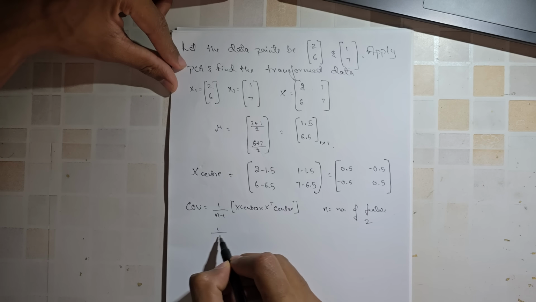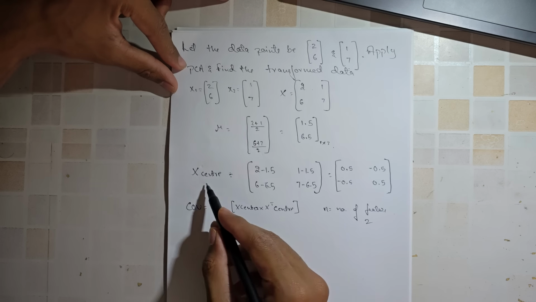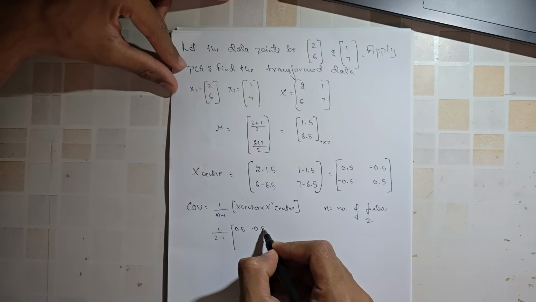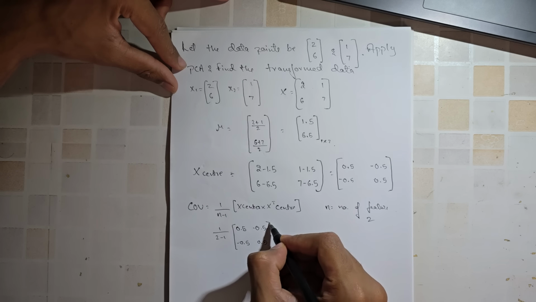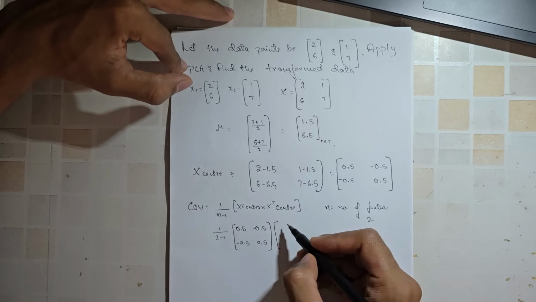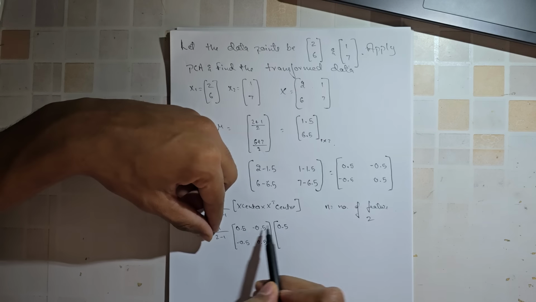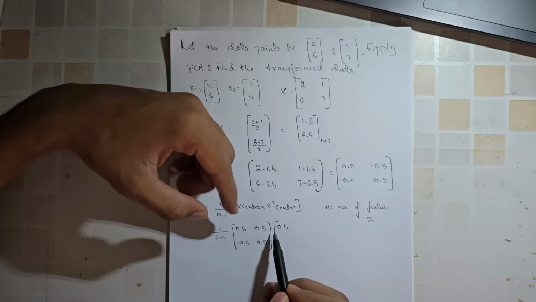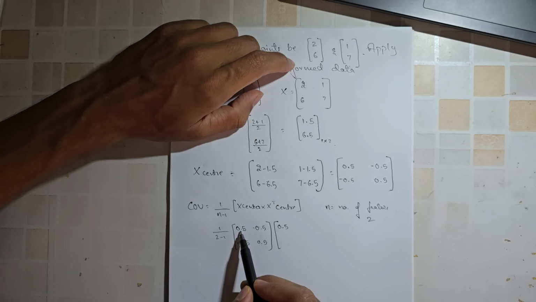So 1 divided by 2 minus 1, that is nothing but into, here see, x center is what, 0.5, minus 0.5, minus 0.5 and then 0.5. Again into transpose of this, which will also be the same itself. There won't be any changes. For the inverse the rows and columns interchange, and even if you do so, transpose and inverse are the same here.